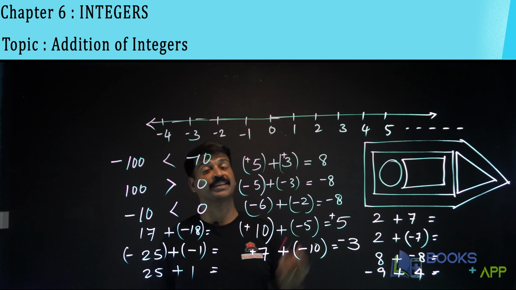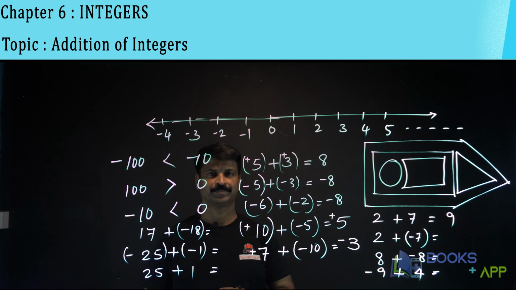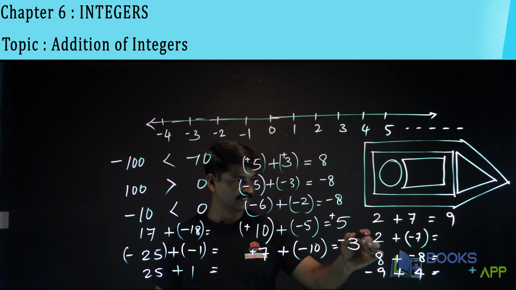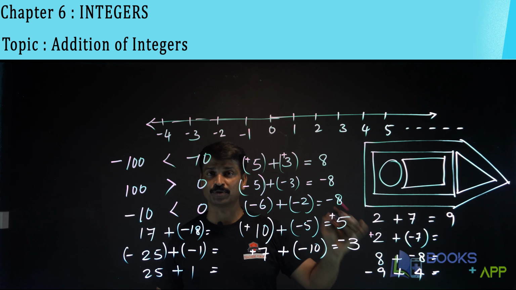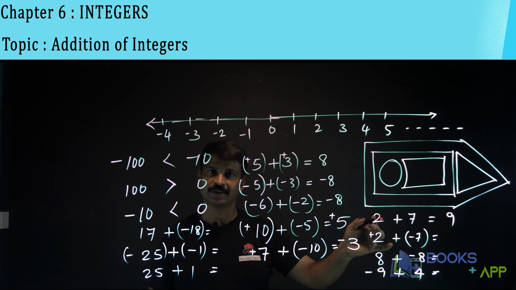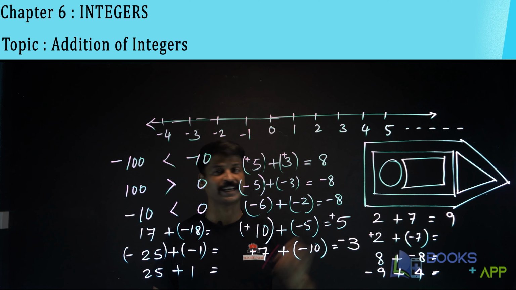First one, 2 plus 7. Yes, plus 9. That is 9. 2 plus minus 7. Usually if it is a positive number, we will not represent the symbol. See, what is the symbol of 2? It is plus. 7 is also plus. So that's why it is not represented. Okay. So it is plus 2, it is minus 7.